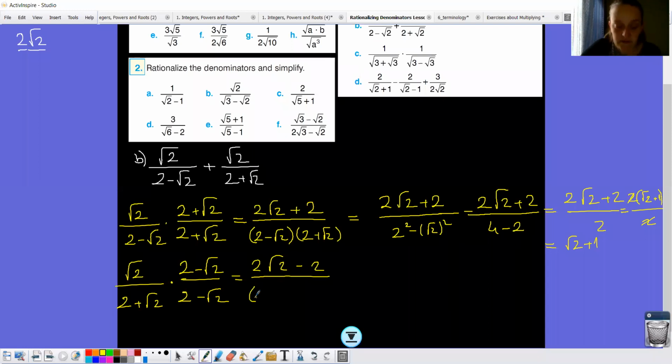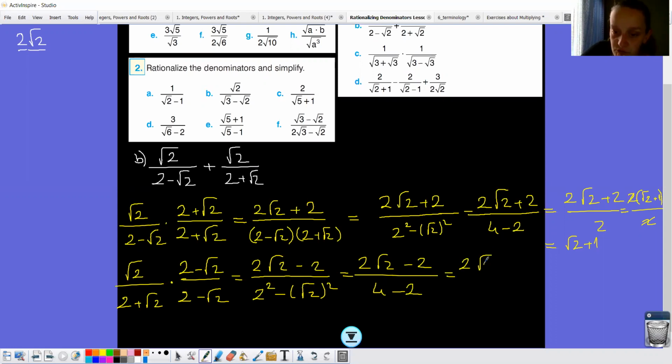Over 2 square minus root of 2 square. So I have here, as you see, 2 root 2 minus 2, over here I will have 4 minus 2, which is 2 root 2 minus 2 over 2.